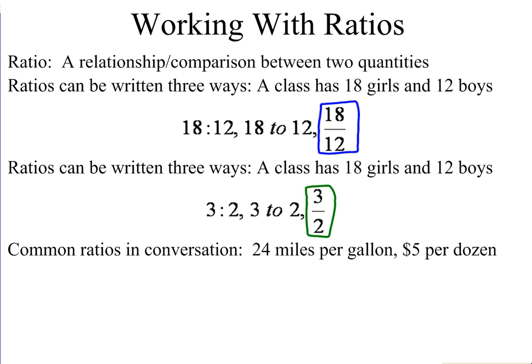You go to the store, there are a lot of things that you can buy by the dozen. Sometimes the prices are given by the dozen, even though you can buy less than a dozen. $5 per dozen means that it would cost $5 for 12 of that item because there are 12 things in a dozen. So those are types of ratios that we use every day. There's a lot more. But again, ratios and proportions are an important aspect of the ACT.